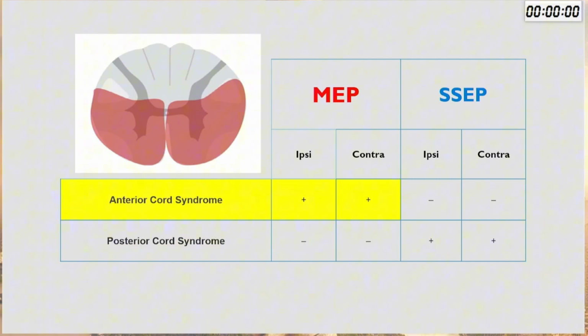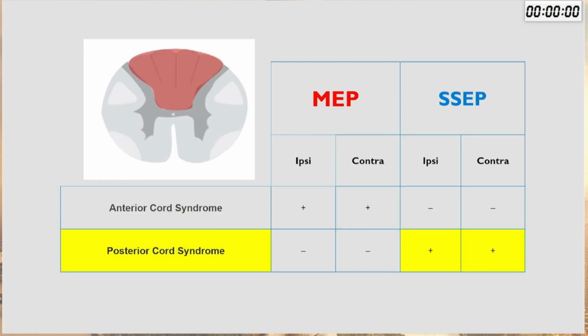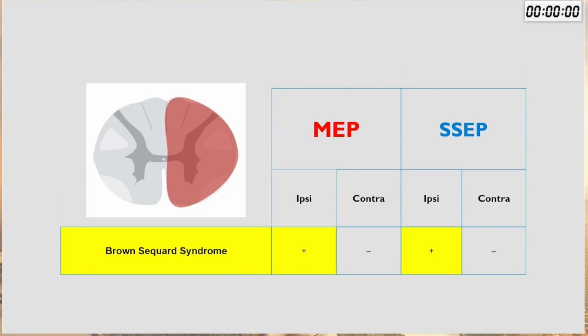If you have anterior cord syndrome, which is mainly a perfusion problem, you will have bilateral affection of the motor evoked potentials. If you have a posterior cord syndrome, you have affection of the somatosensory evoked potentials, and most of the time it is due to a direct trauma, and it's usually unilateral. If you have a Brown-Sequard syndrome, you will have ipsilateral affection of the motor evoked potentials and somatosensory evoked potentials.